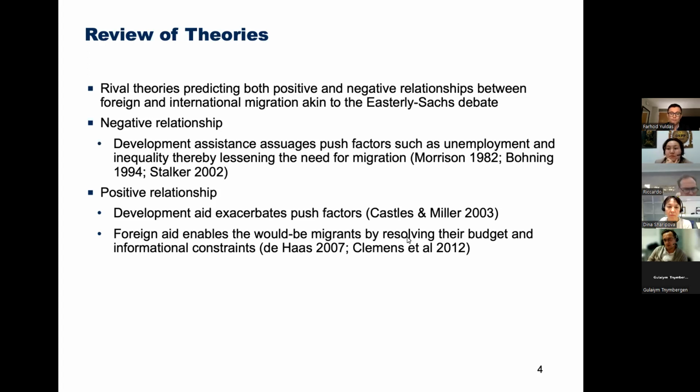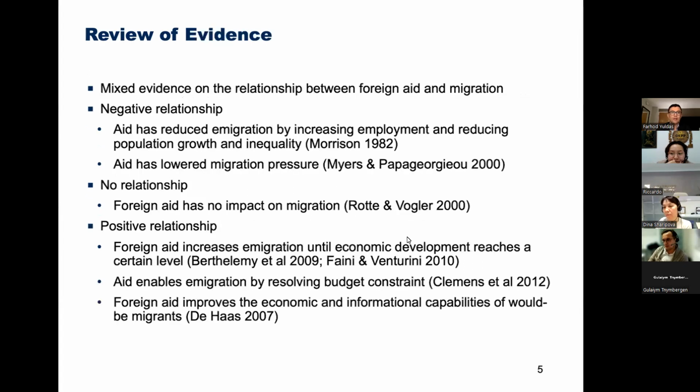So, puzzled by these different theories, we wanted to look at the evidence. And we saw that the evidence was also mixed. Some scholars found a negative relationship, as posited by those theories we just looked at. Some found no relationship between foreign aid and international migration.